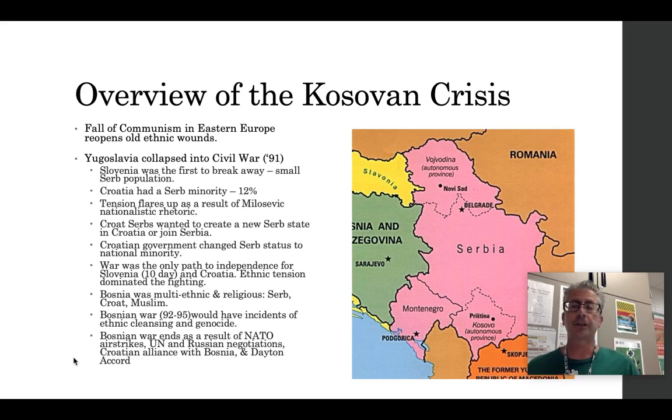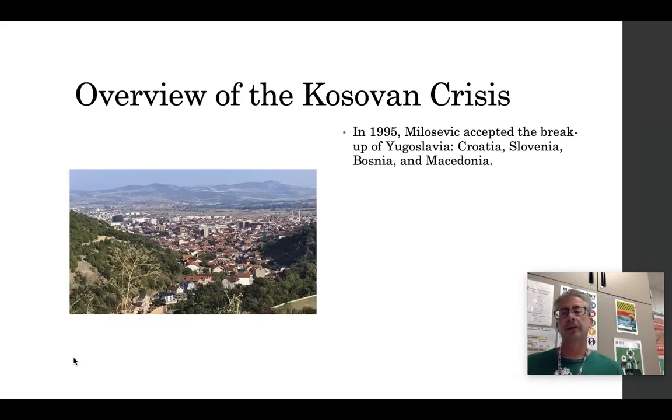The United Nations and Russia also engage in negotiations, and through a series of accords, the conflict comes to an end. So as a result of that, in 1995, Slobodan Milosevic, leader of Yugoslavia, or what remains of Yugoslavia, will accept the breakup.